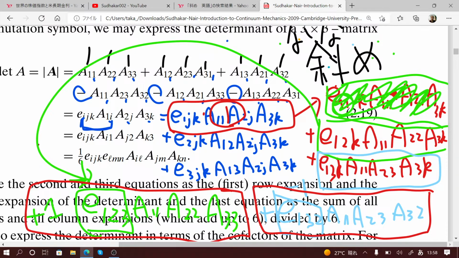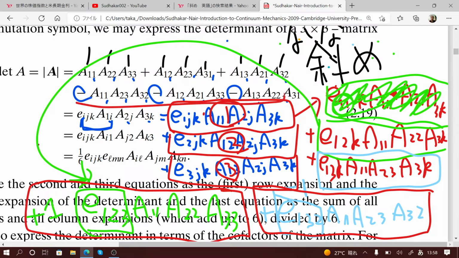Then from the second term, we will have an additional two terms. And then from the last term, we will have two terms again. So altogether, we have 6 terms. So this makes sense. This is 6 terms.